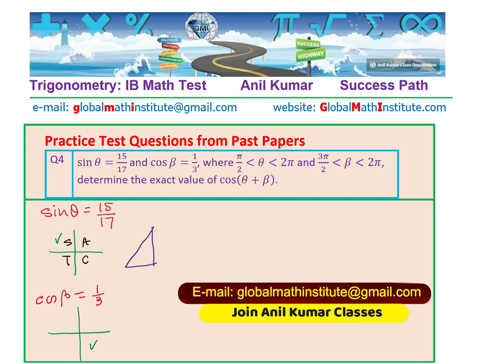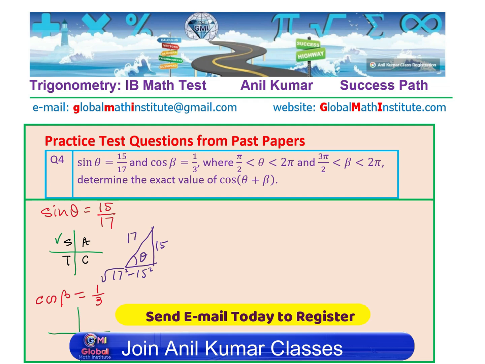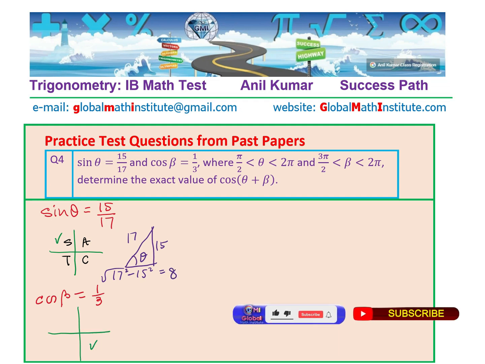If the angle is theta, sine is 15 over 17. So what is the other side? Well, you can figure this out: square root of 17 squared minus 15 squared. If you calculate, you will get 8 as your answer. Cos beta is 1 over 3, so make this particular triangle, where beta is the angle.